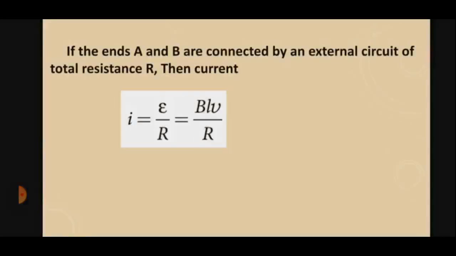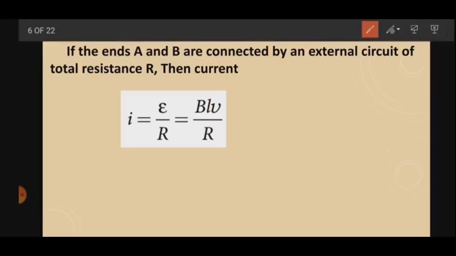Then if the ends A and B, that is the length of the rod, are connected to an external circuit, this length of the rod acts as resistance. So the total resistance of the conductor is R. Then the current, what is the formula according to Ohm's law? I is equal to potential difference by resistance of the conductor.